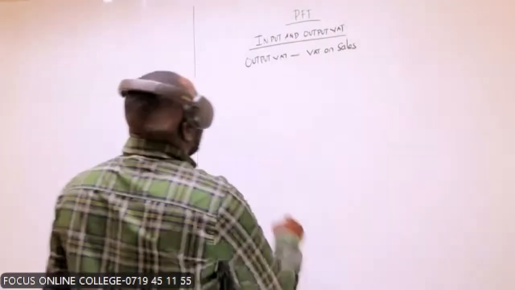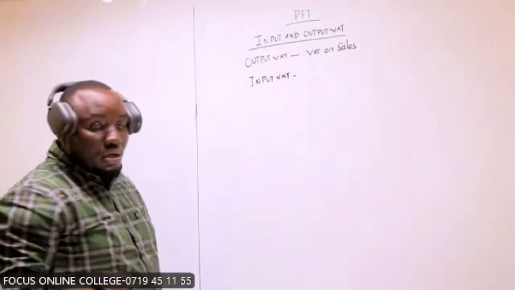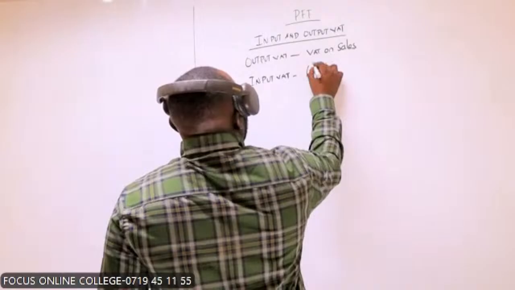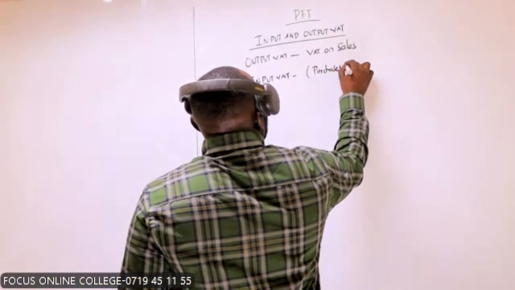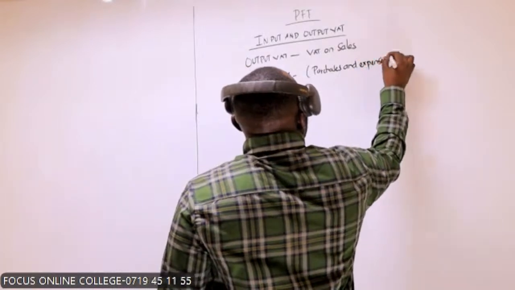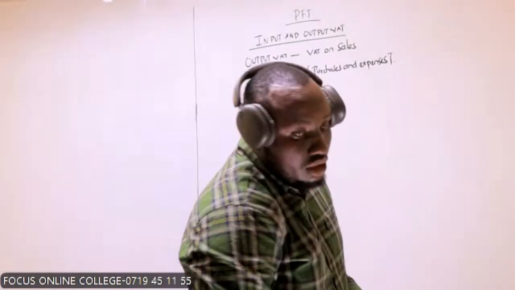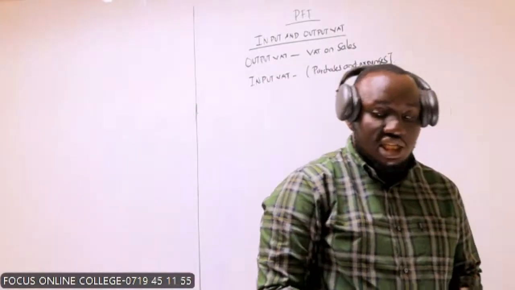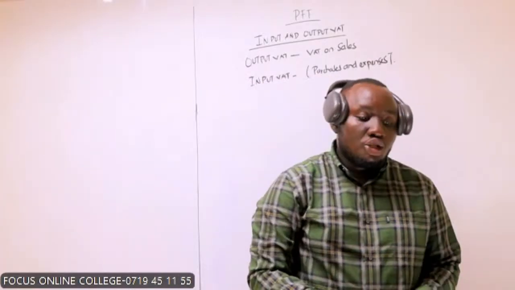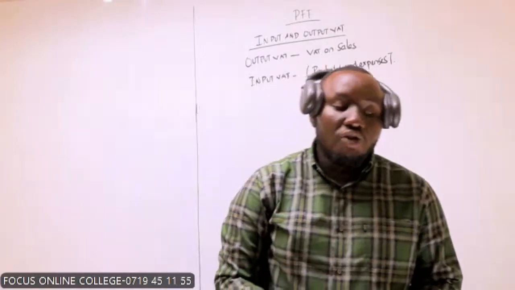Then you have the next one, that is what we call the input VAT. When you talk about input VAT, this is basically VAT on purchases and expenses. So this is basically VAT paid by the seller when he's purchasing or paying for expenses.